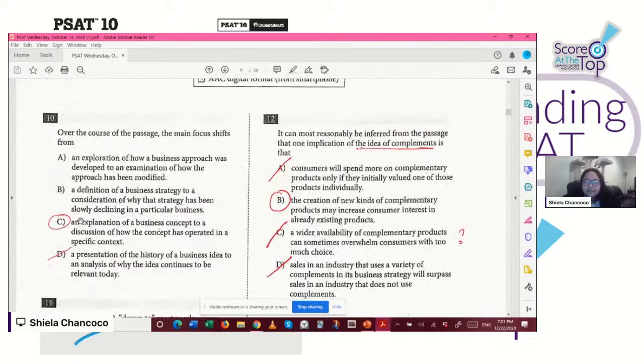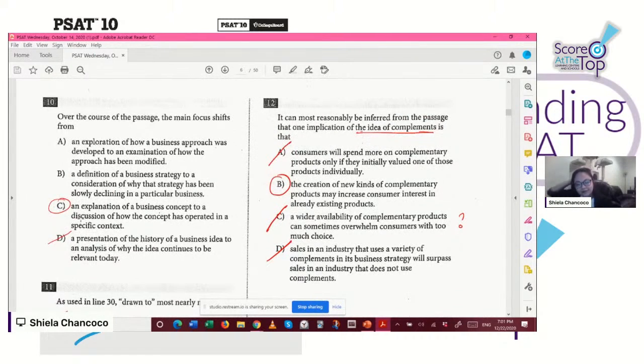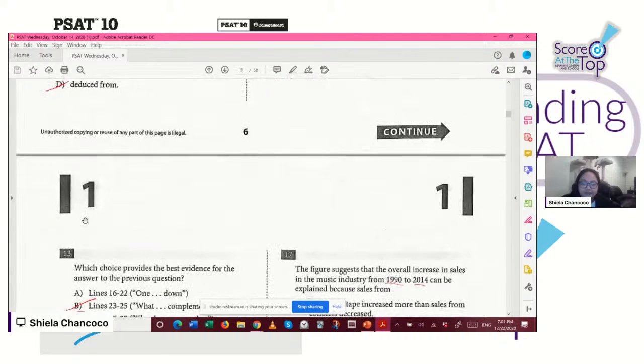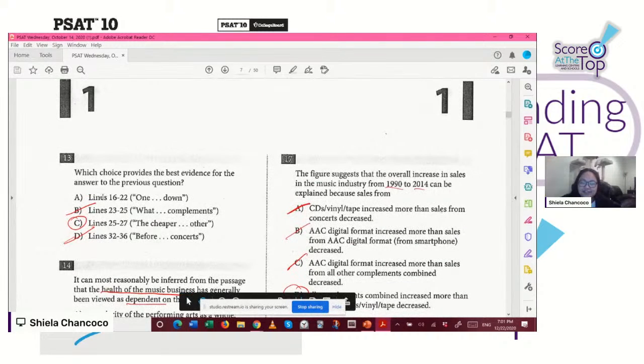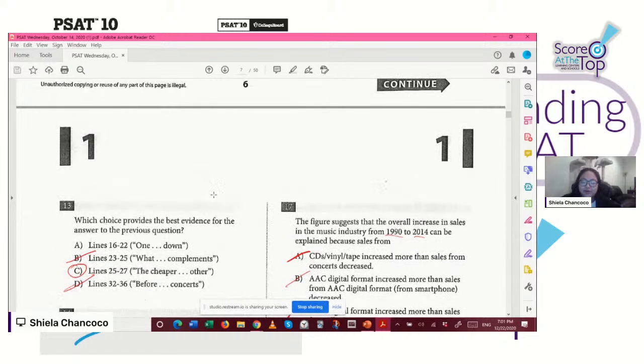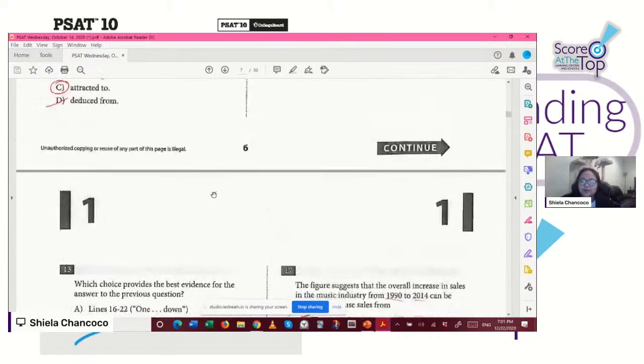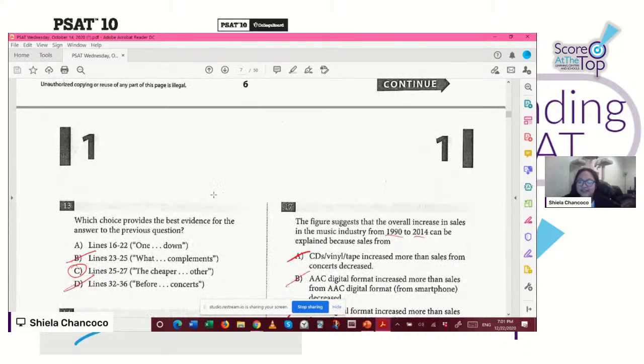Okay, let's do number 12. Number 12, as you can see, I'm going to scroll back and forth, is a paired type of question. So much like the main idea ones, I like to save these for last because they do take the longest time, right? Like I said, these are more for my students who like to switch up the order.